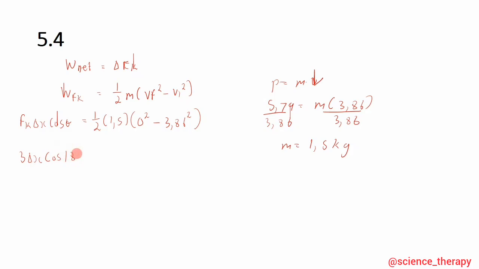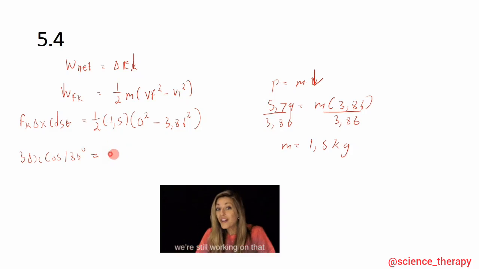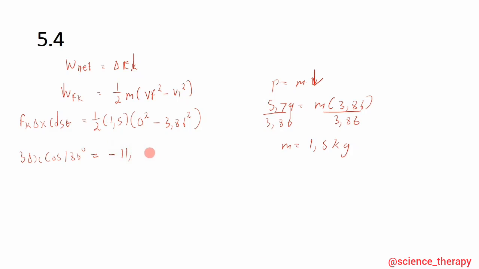Why 180? We know frictional force is always opposing the motion of an object, therefore it is opposite to the displacement, right? Then having to calculate all this, it will give us negative 11.1747, and this here should give us negative 3 delta x, then is equal to negative 11.1747.